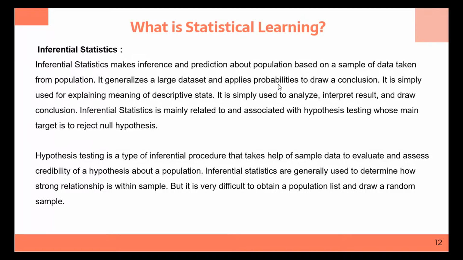Okay, there are 2 possibilities. The tail will come, when you do the combinations. All right. So that's probability. Applies probabilities to draw a conclusion. Generalizes a large data set and applies probabilities to draw a conclusion.